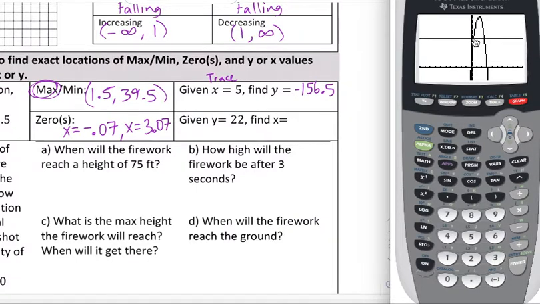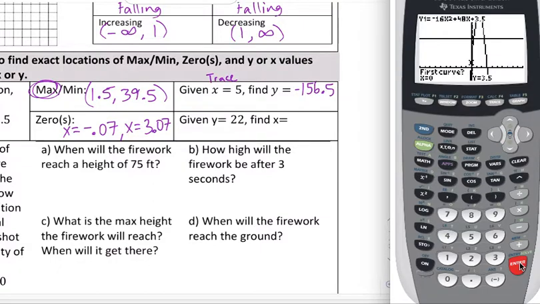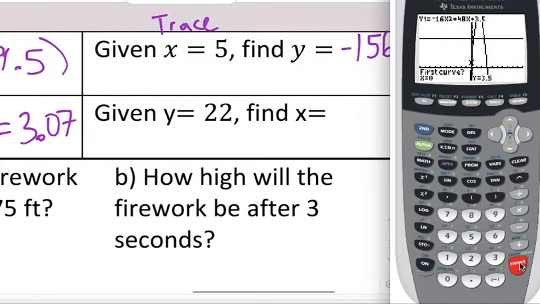And I want to know where that is and where that is. Okay? So we're going to go second trace again, intersect, because I want to know where these lines intersect.